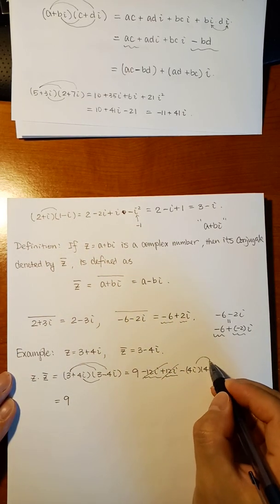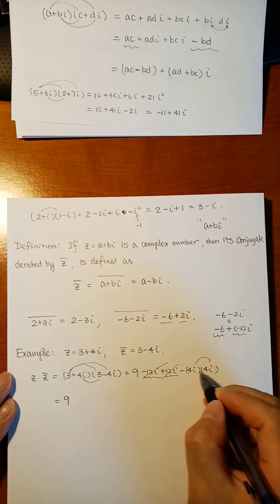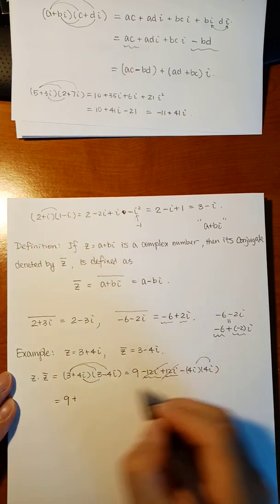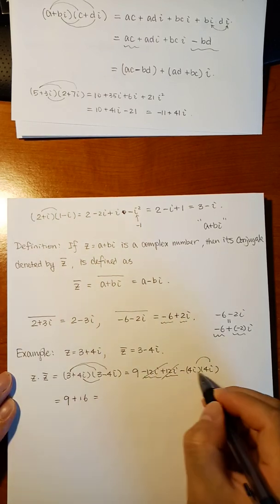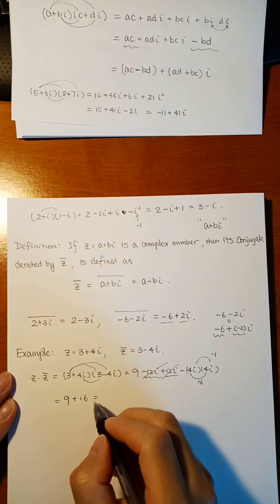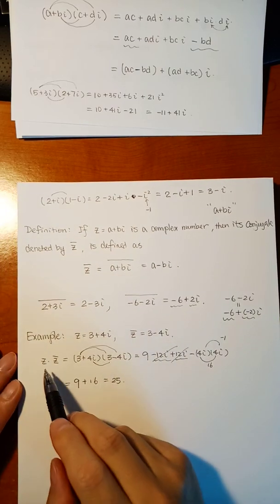And i squared is negative 1. With this negative sign, it's positive 1. Plus 4 times 4 is 16. Right? So it's 25.